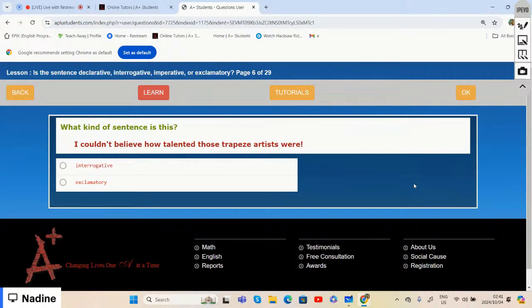All right, it says, I couldn't believe how talented those trapeze artists were. Is this an interrogative sentence or an exclamatory sentence?